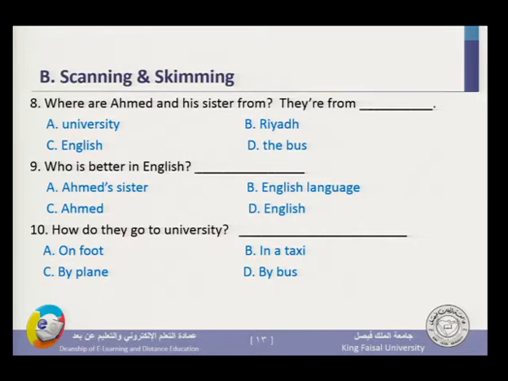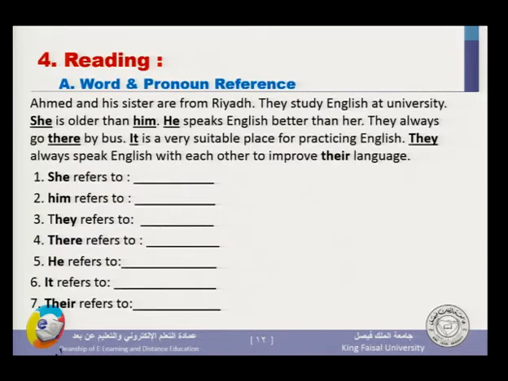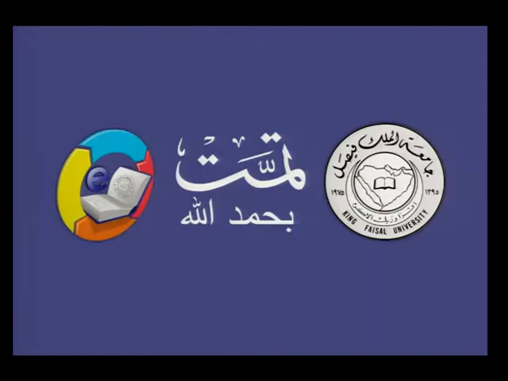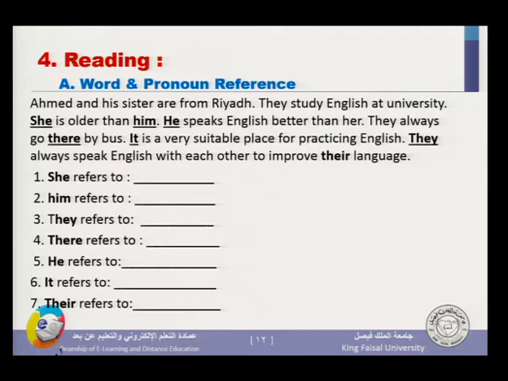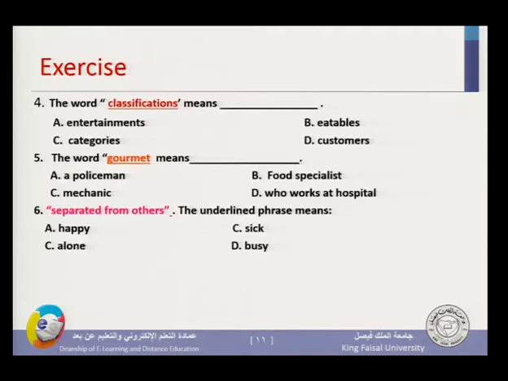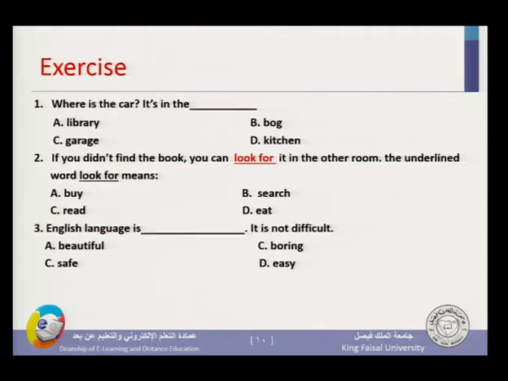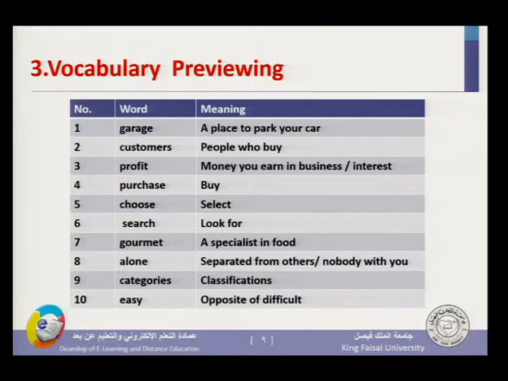Scanning and skimming. Where are Ahmed and his sister from? They are from Riyadh, as you can notice in the text that we have just read. Okay, I would like to thank you for this lecture. It is just a matter of explaining something about the vocabulary, about the prepositions, to make a quick summary, and the meaning of some important words like the ones mentioned here.